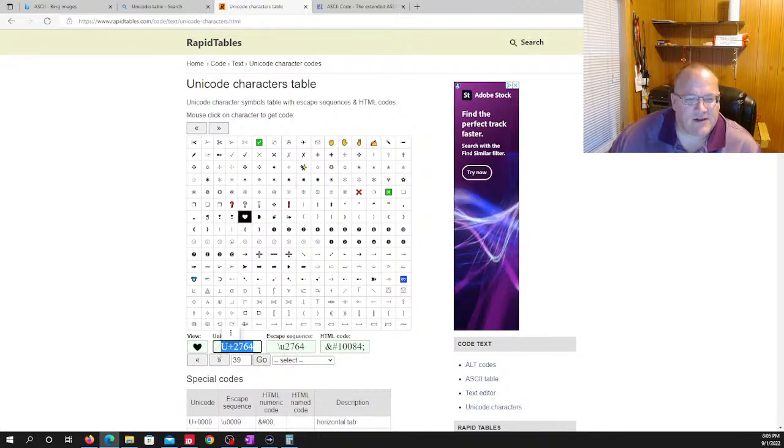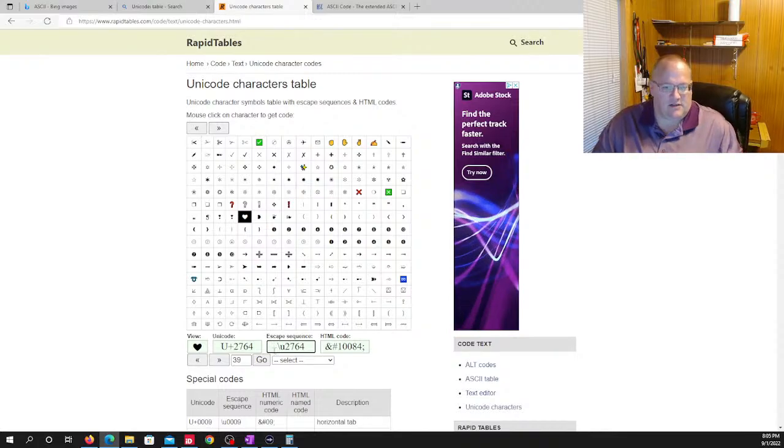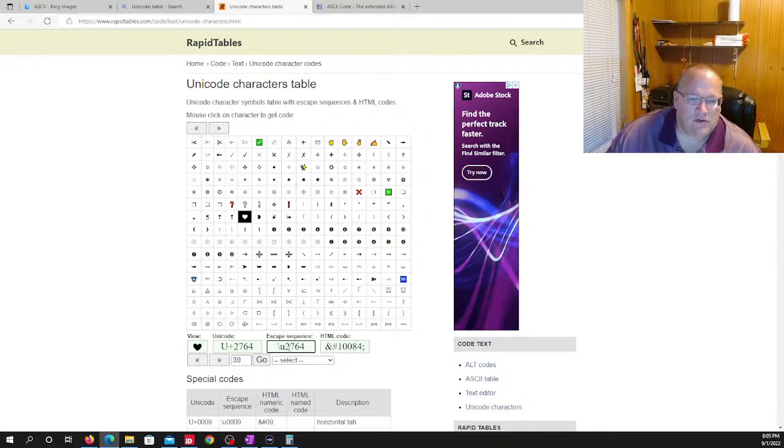It's right there. That's our Unicode. It actually gives us an escape character, and this is really useful. If you're ever going to run into this, you can get that to display by doing \U2764. And if you're in a word processor, then it will put that heart in because that's the Unicode value. And then also in HTML, we've got this, which is a little bit different.